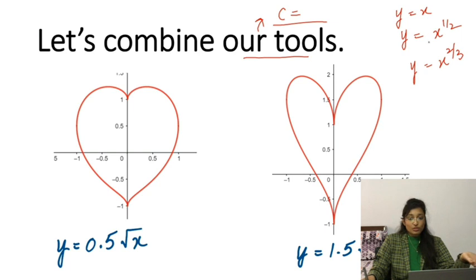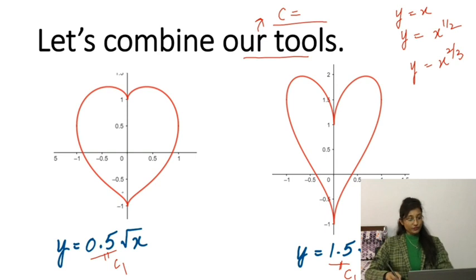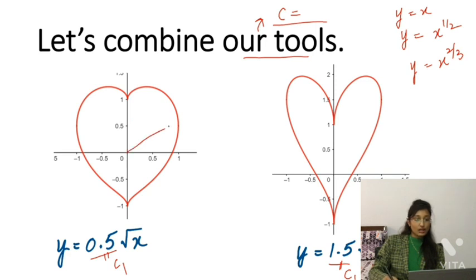In the previous case, the slope was 1. Now we will do it with 0.5, call it C1, and with 1.5. Now when our slope is 0.5, you can see that a heart has been formed in this manner.